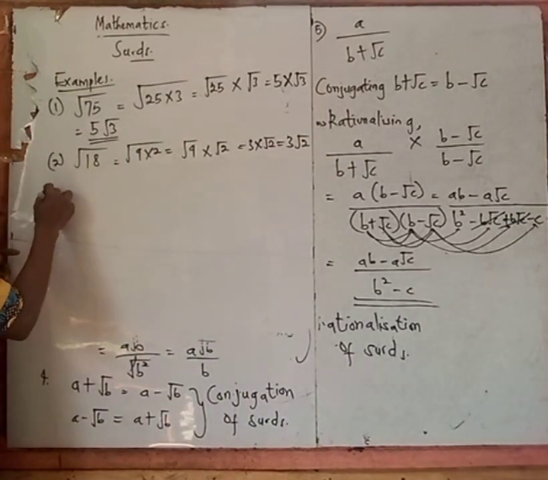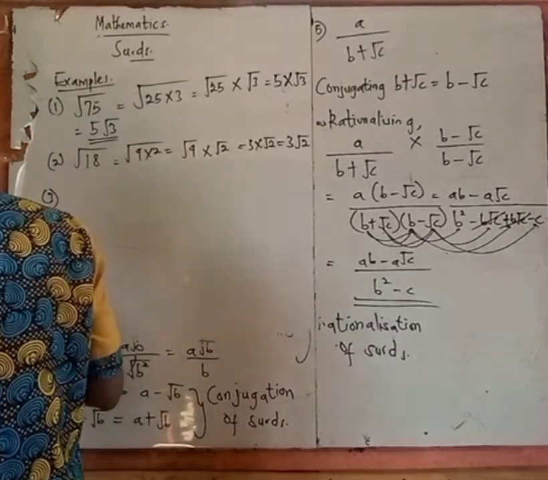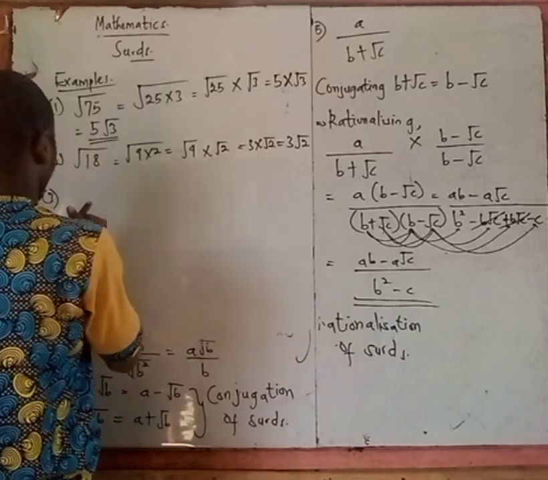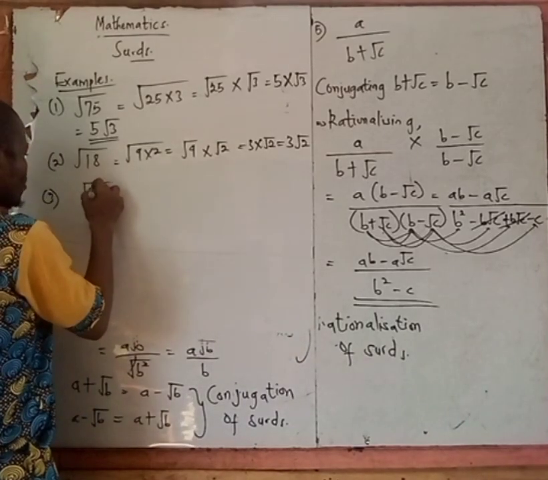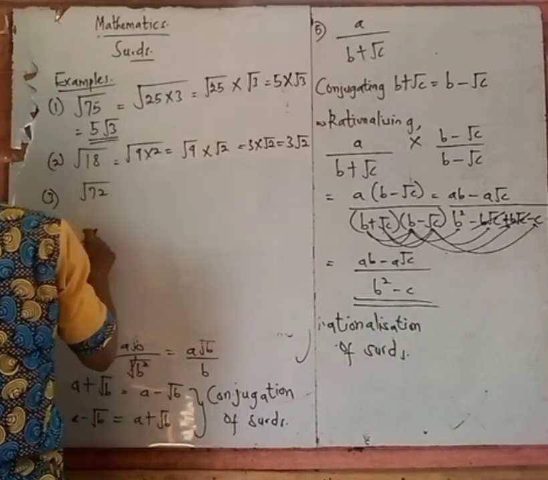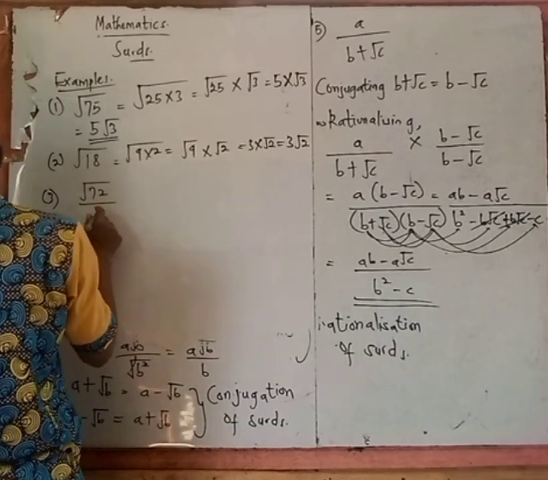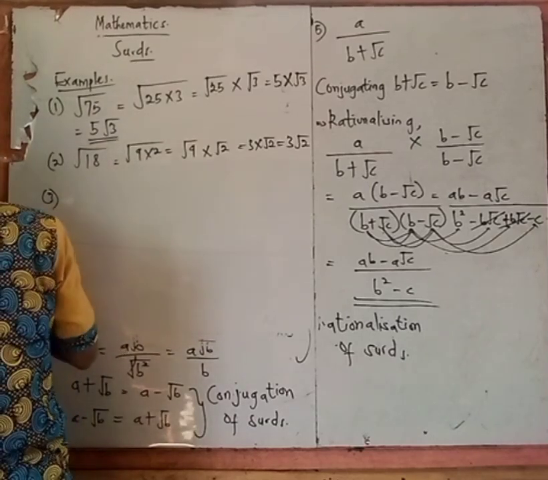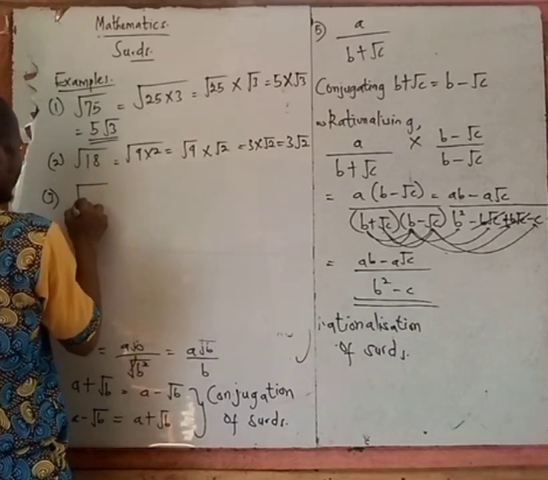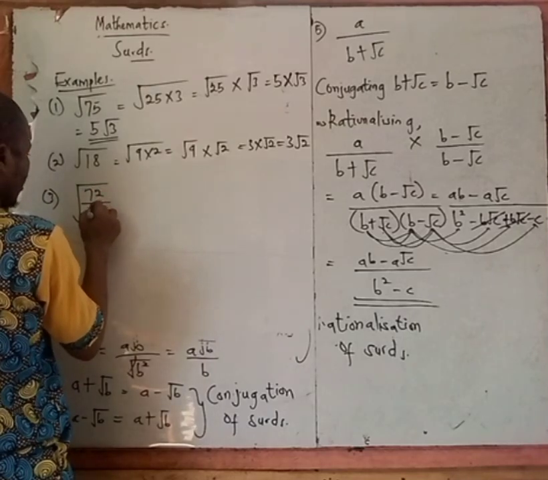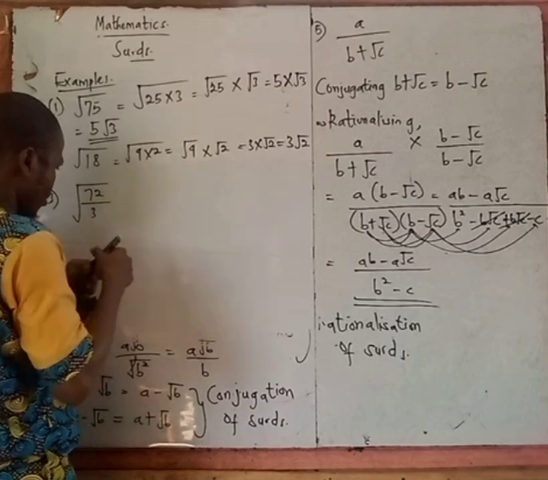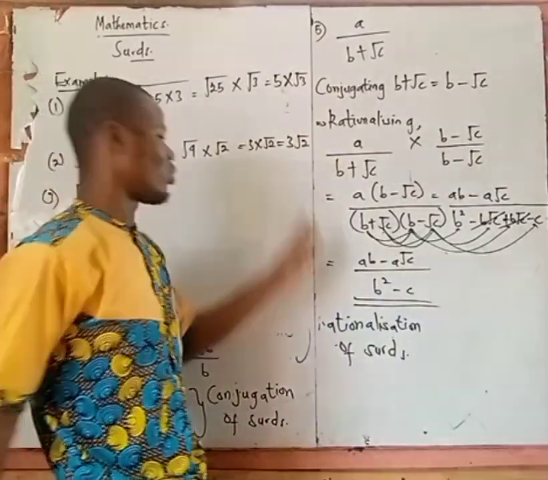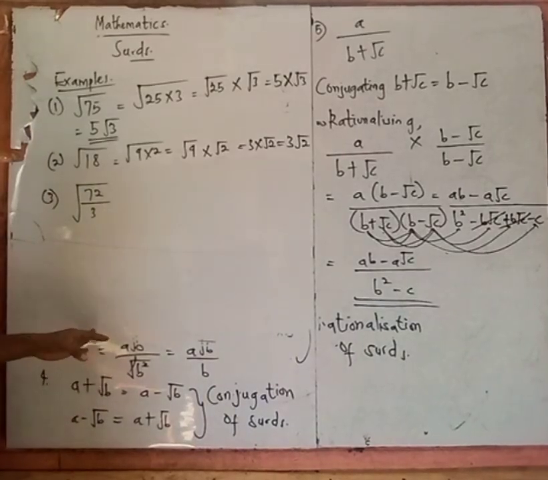So number 3. We have square root of 72 over root 3. So for this question too, you can apply one of the rules, I think it is the root 3 rule.